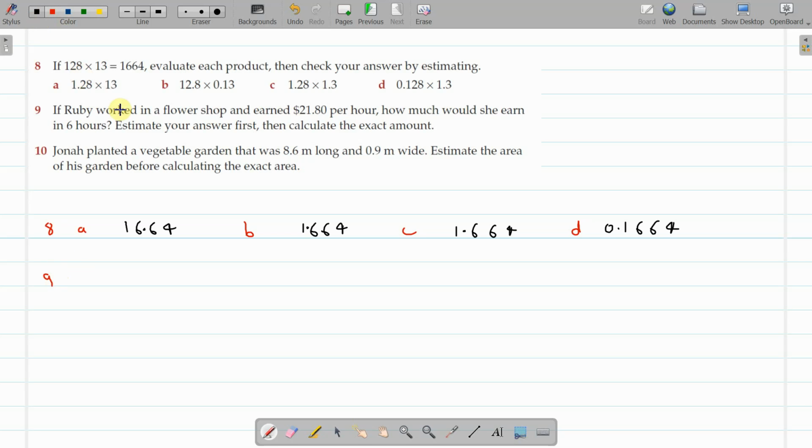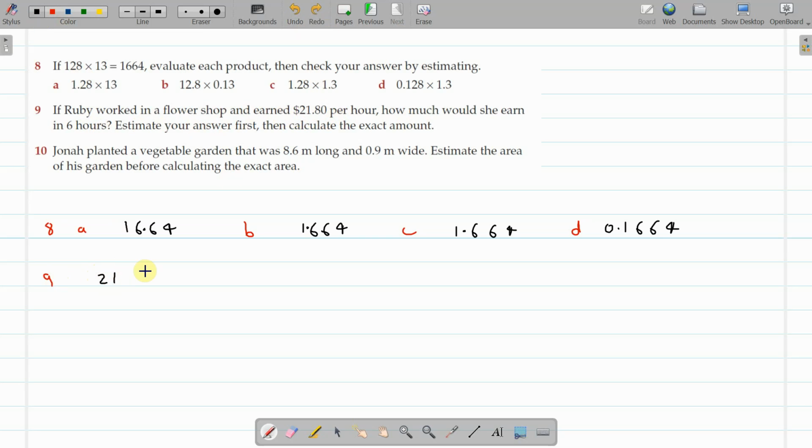9. Ruby worked in a flower shop and earned that much per hour. How much will she earn in 6 hours? Estimate. Oh, okay, well, that's about 22 times 6 is $132. Let's see how it actually is. 21. Oh, we're taking the decimal point out.